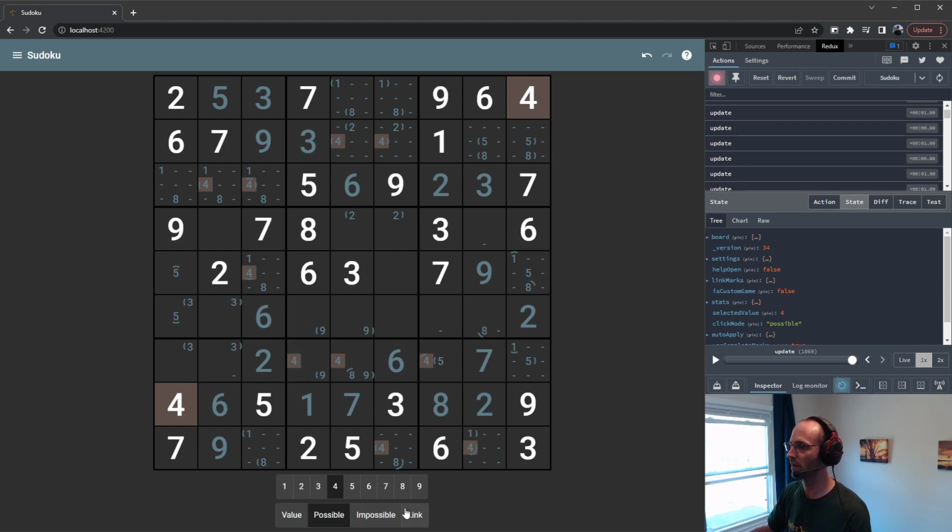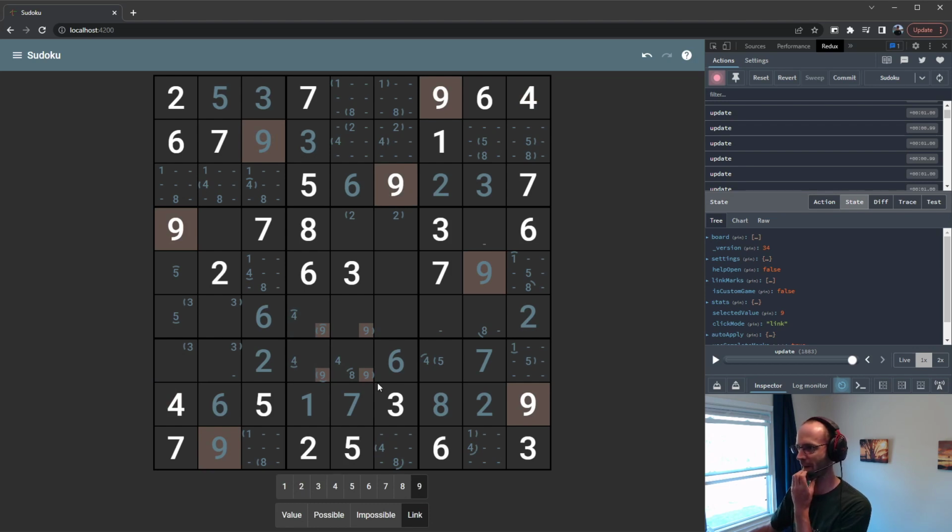Now, I see this column only has 2 open values, which makes that truly a 4-9 pair. Now, that gives us an X-wing on these 9s.